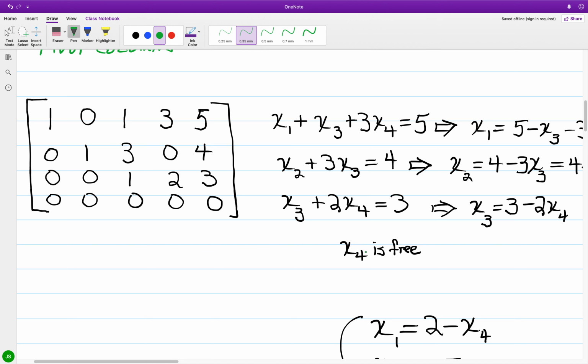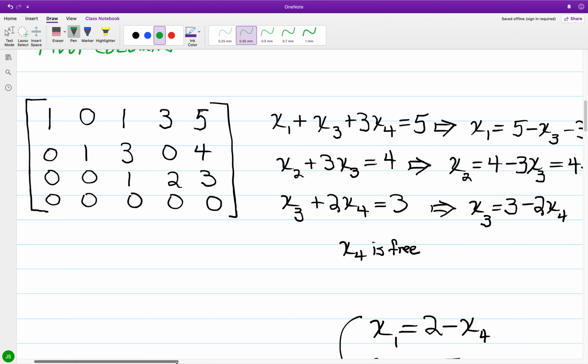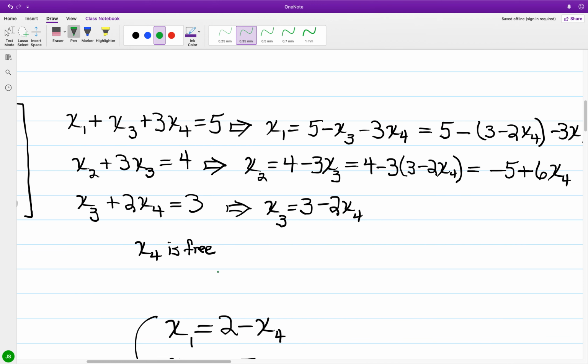So x of 4 is what is regarded as free. Now, x of 4 is a free variable, and moving up the ranks, I'm going to express all these equations in terms of x of 4.